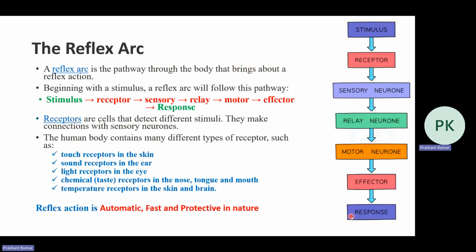A gland also secretes hormones. So in one line, if I have to say what a reflex arc is, you can say the reflex arc is the pathway through which the body brings about reflex action. And what is reflex action? Reflex action is a fast, automatic, and protective response of the body.